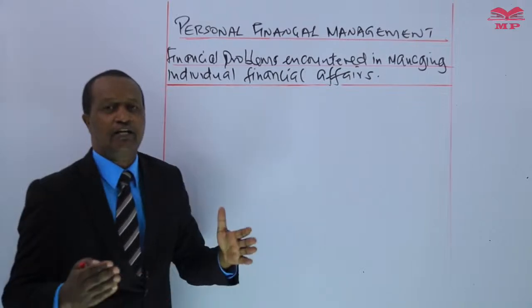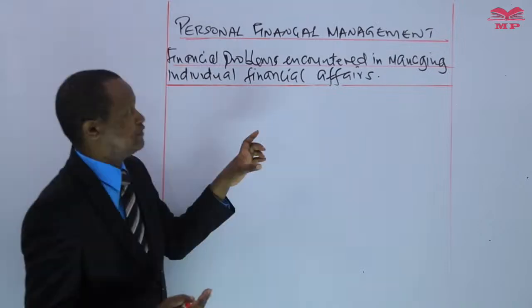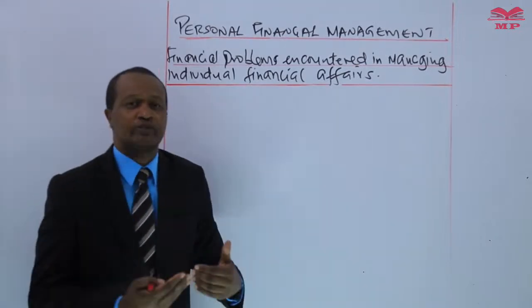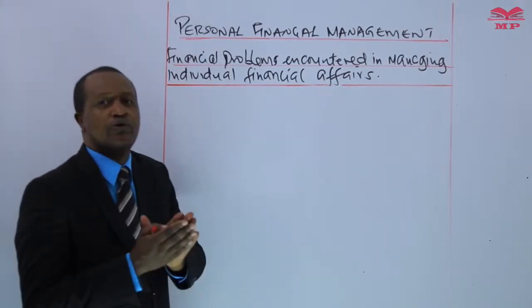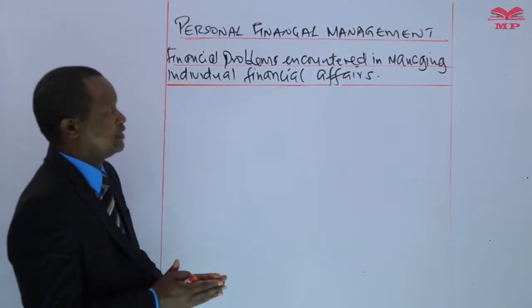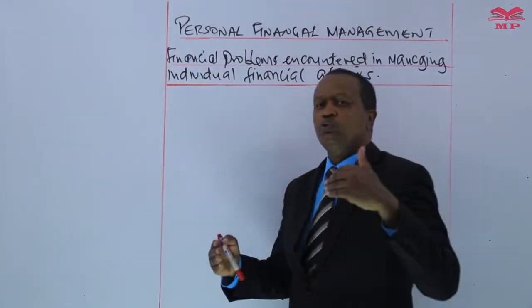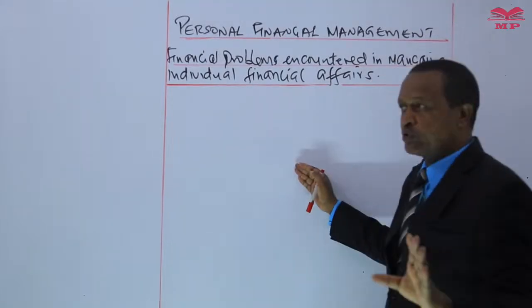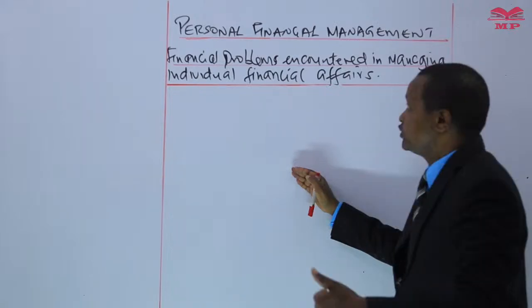The same way a company may be required to manage its resources, individuals or households also ought to plan, to organize, to direct and control their financial activities or resources in order to achieve certain financial objectives.